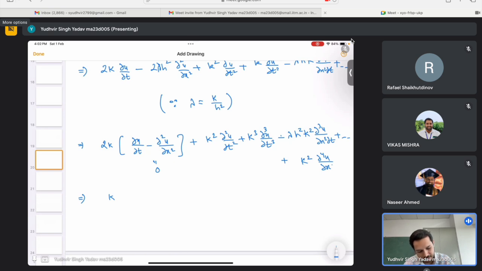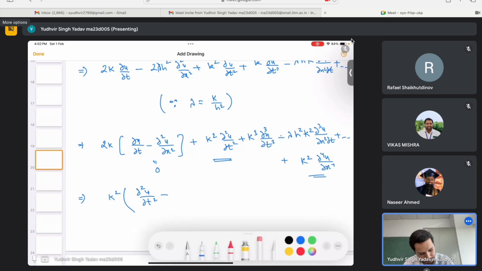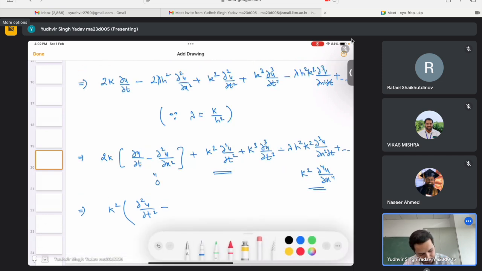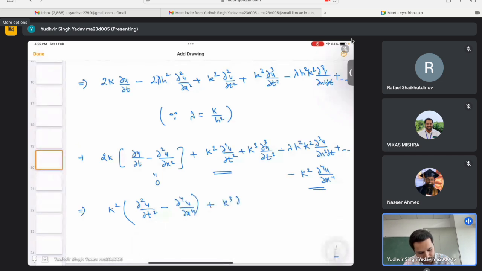So when we take this term and this term, we will have k square del 2u by del t square minus del 4u by del x4 plus k cube del 3u by del t3 minus lambda h square k square del 3u by del x square del t.